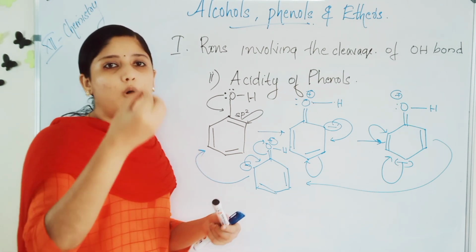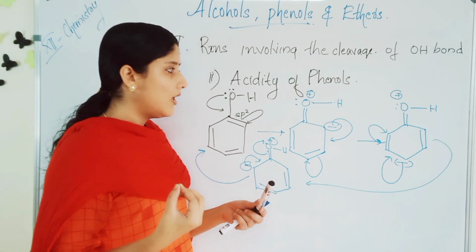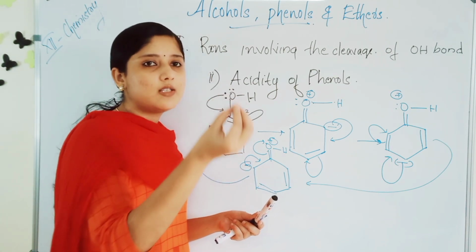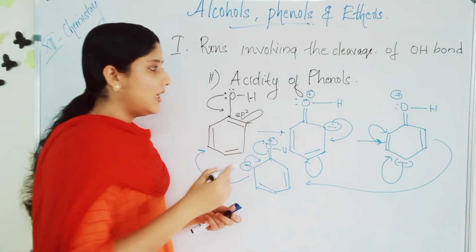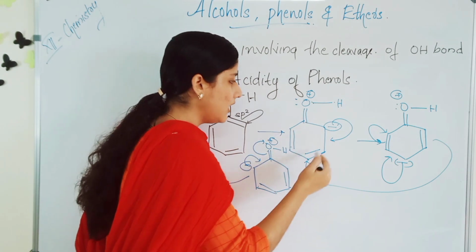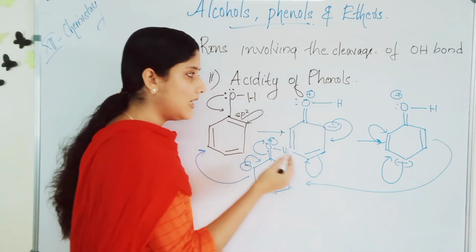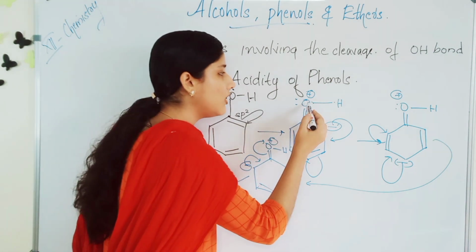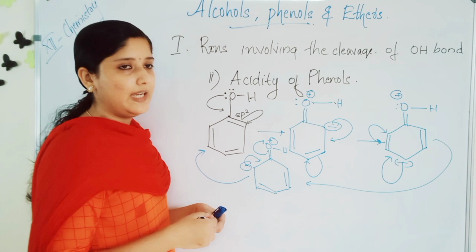The polarity of the OH bond decreases. Why? Because the electron density on the oxygen is increased. But here, due to the electron withdrawing nature of the benzene ring, the polarity on the OH bond increases. So acidity increases.